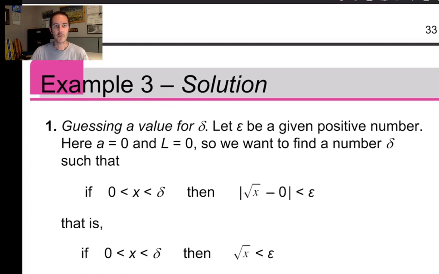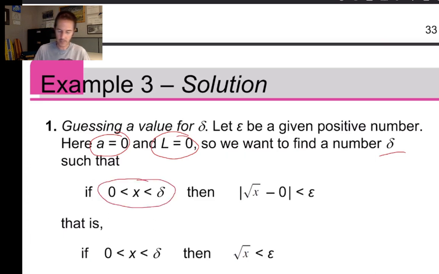So epsilon here is going to be a positive number. They're not telling us what it is. They're just telling us that there's an epsilon. Our a value is 0. That's what our x value is approaching. Our limit we believe to be 0, that's what we're proving. So we want to find a number delta so that some small delta will compel our y values to be within some small distance away from 0.